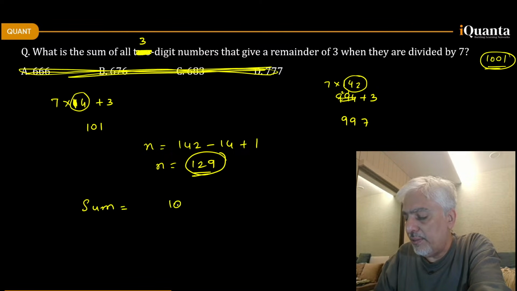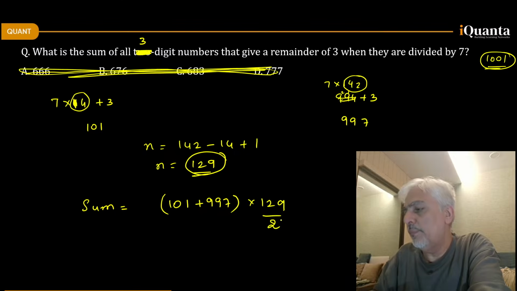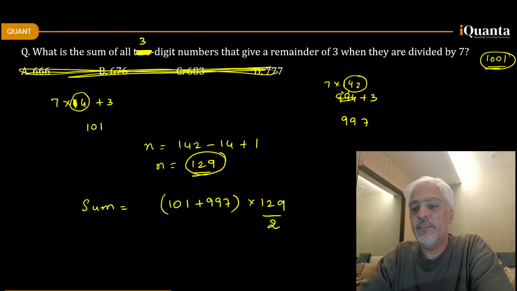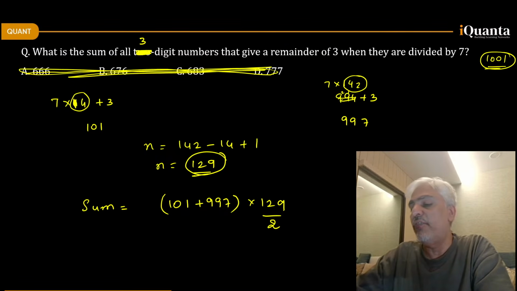First number plus last number into 129 upon 2. Check. You all cannot make a mistake. I'm allowing you to use a calculator. 101 plus 997, into 129 divided by 2. 70,821.